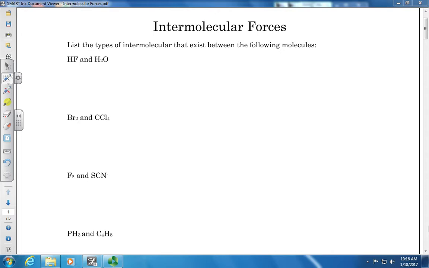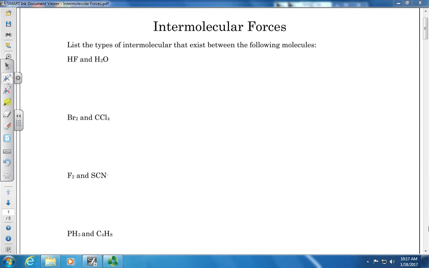At intermolecular forces. We're asked to list the types of intermolecular forces that exist between any given pair of molecules. And in so doing, we want to recognize that intermolecular forces occur between molecules rather than inside of molecules.